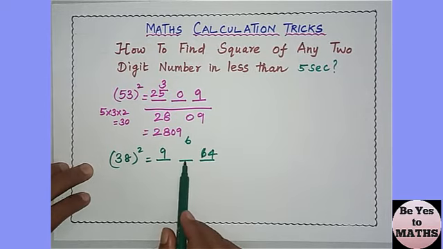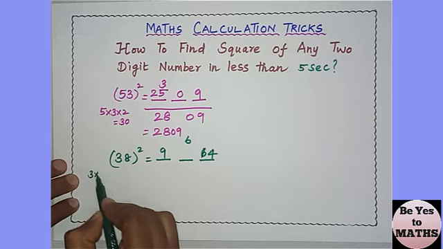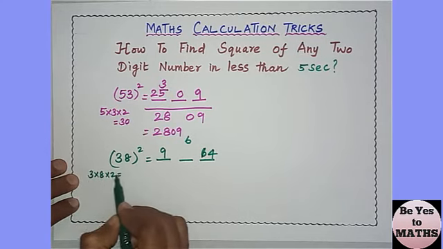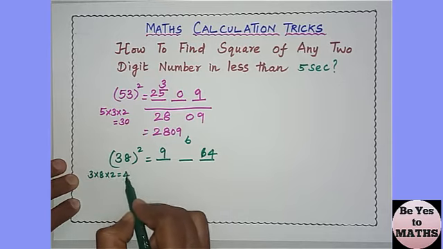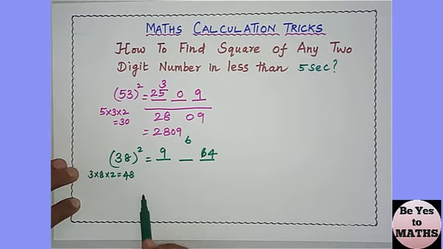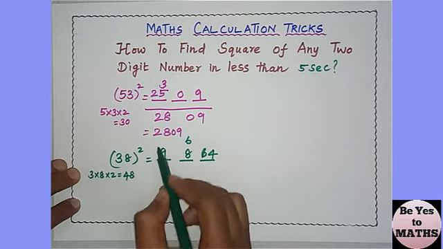Now for the middle blank, we have to multiply all these 3 digits. 3 into 8 into 2. 3 8s are 24. 24 into 2, 48. We have 2 digits, but we have to write only one digit. So we'll write 8 here, 4 carry here.